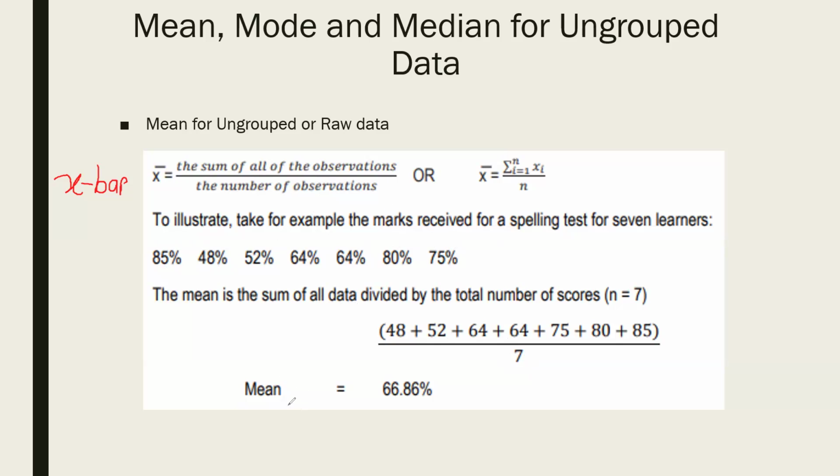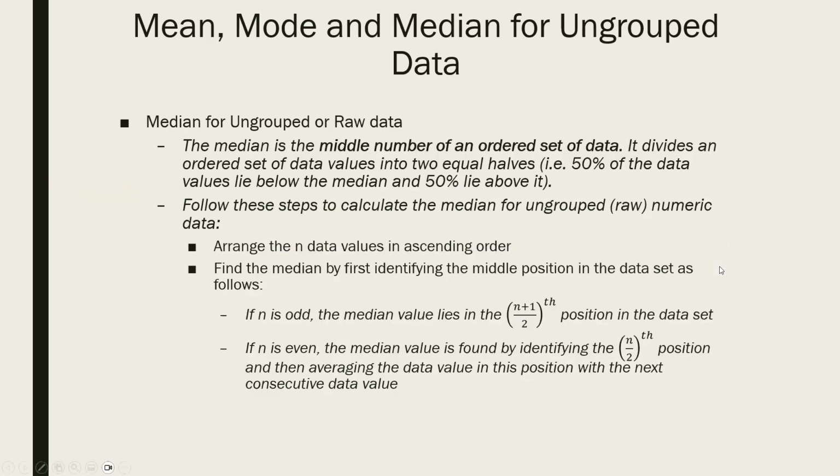In this case, that would be 66.86. If it was a matric pass rate, then this would be the matric pass rate for that module. So this is how you calculate the mean. It's very easy, and I want to believe everyone knows how to calculate an average.